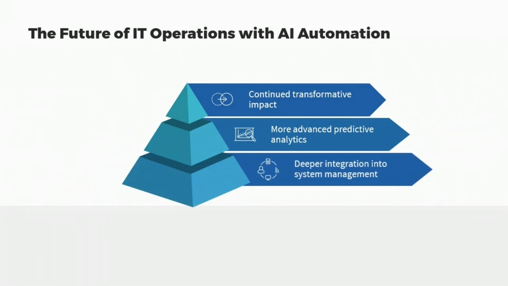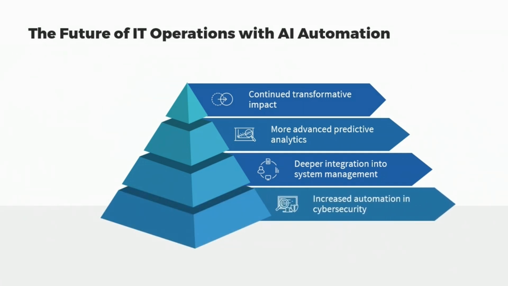And AI automation will become increasingly integrated into system management processes, providing intelligent insights and recommendations for optimizing performance, reliability, and security. And AI powered cybersecurity solutions will play a critical role in defending against increasingly sophisticated cyber threats, automating threat detection, response, and remediation processes.